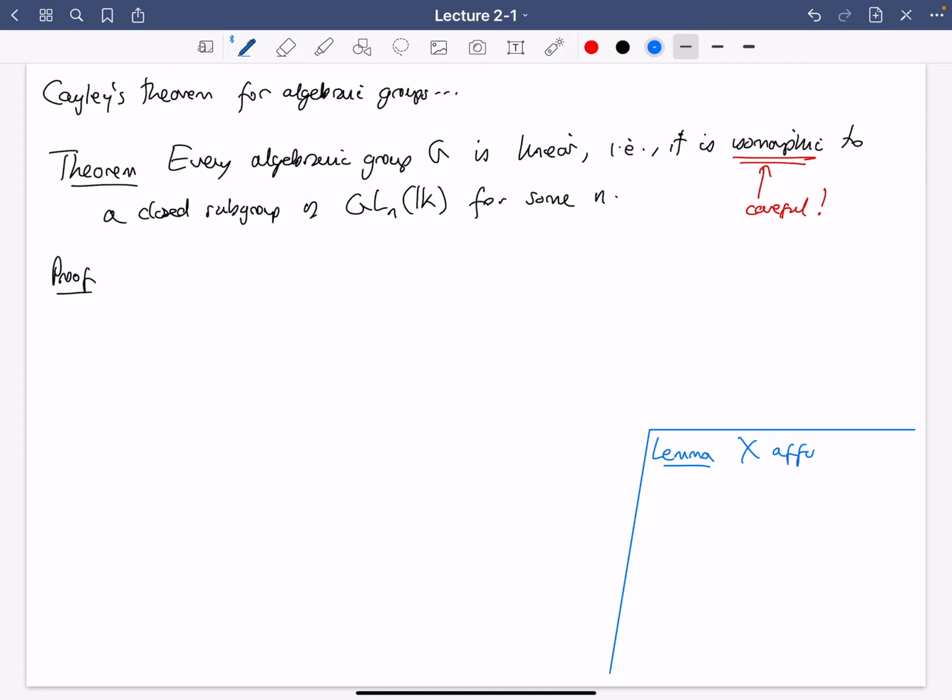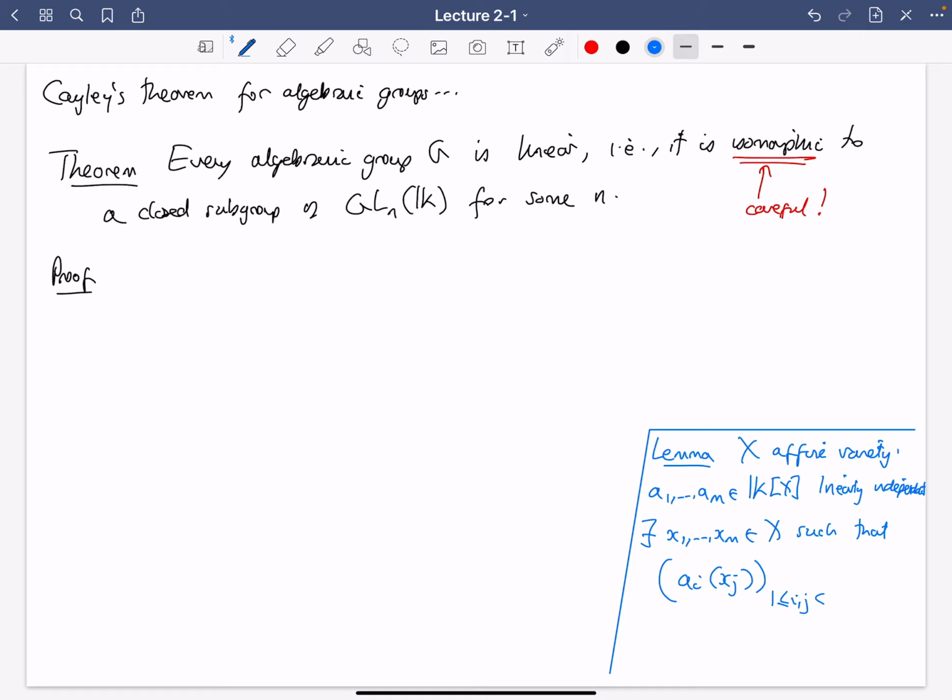So X here is an affine variety, and I've got a1 up to am in the coordinate algebra, which are linearly independent. Then the lemma says that there exist points x1 up to xm in X such that the matrix ai of xj, for 1 ≤ i, j ≤ m, which is just a matrix of scalars in the ground field, is an invertible matrix.